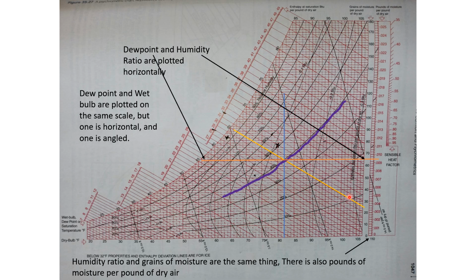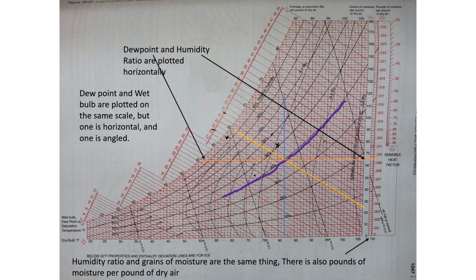Wet bulb is at an angle like that. Dew point is horizontal, like so. Okay, and there we go. So that's interesting. By the way, humidity ratio and grains of moisture are the same thing. There's also something called pounds of moisture per pound of dry air. Not something you're really going to have to worry about.